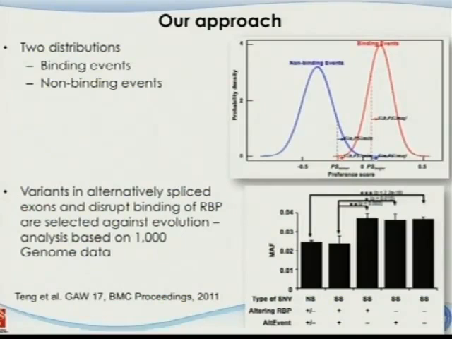However, once we have a synonymous variation that is also located in an alternatively spliced exon, and also changes RNA binding protein binding, if all these three components meet, the minor allele frequency becomes as low as that of non-synonymous variations. This really suggests that some of these variations can change RNA binding protein binding and therefore affect splicing.